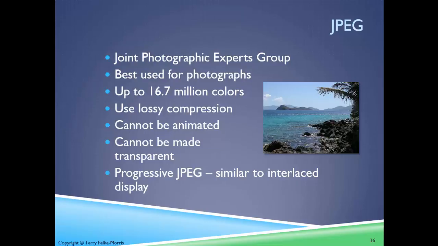So as you change the size of the original, the color may look a little different. You cannot animate with JPEGs, and you cannot make them transparent. You can have what's called a progressive JPEG, which is similar to what we talked about with interlacing in GIFs a minute ago.